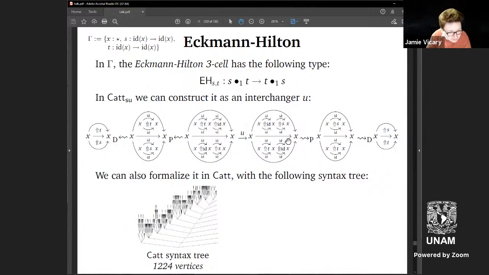Let's see why. Let's look at this first simplification step, where here we threw away this identity guy. We just got this. And we might say, okay, how are we going to adapt this proof in the fully weak theory where we don't have strict units? We might say, well, this guy, T, horizontally composed with an identity, it's not identical to T, but maybe it's isomorphic to T or something. But it's not. Because this guy, T horizontally composed with an identity, is not even parallel to T, right?